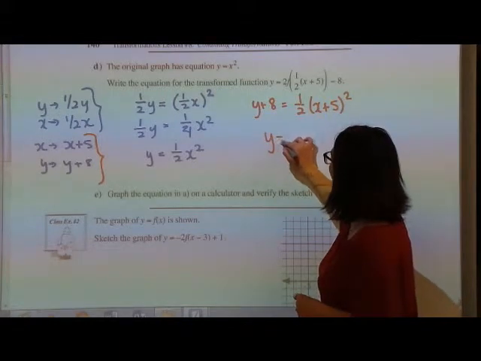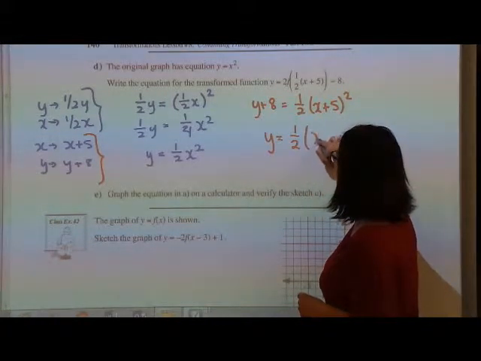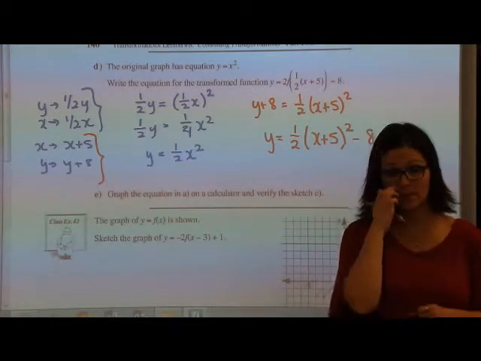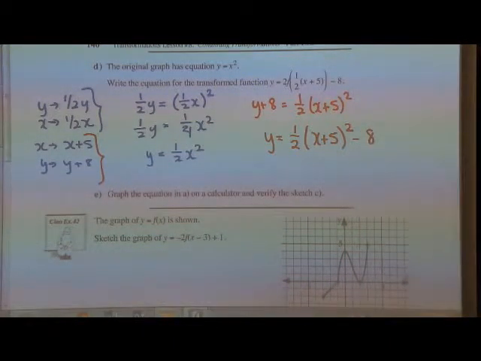Minus the 8. So I get y equals 1/2 (x plus 5) squared minus 8. And if I was to put that into my graphing calculator, I should get the same graph that I drew in red on the previous page. Okay? So let's look at the next example.